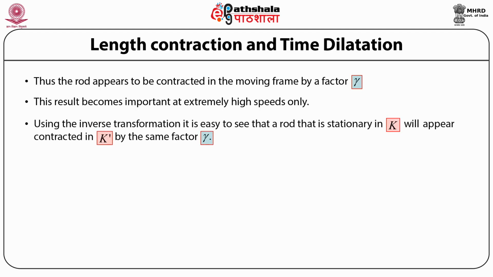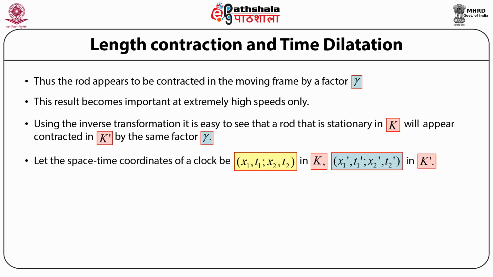Now, if we use the inverse transformation, it is easy to see that a rod stationary in the K frame of reference will then appear to be contracted in the K prime frame of reference by the same factor, gamma. Now let us consider the space-time coordinates of a clock to be x1, t1 and x2, t2 in the K frame of reference.